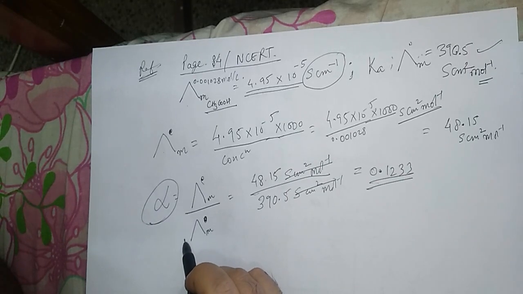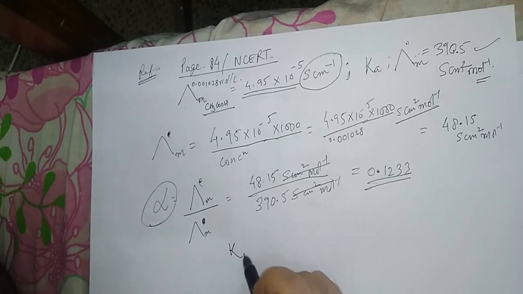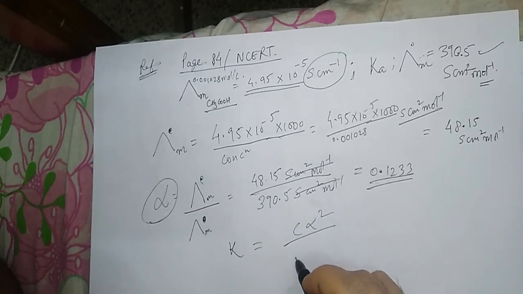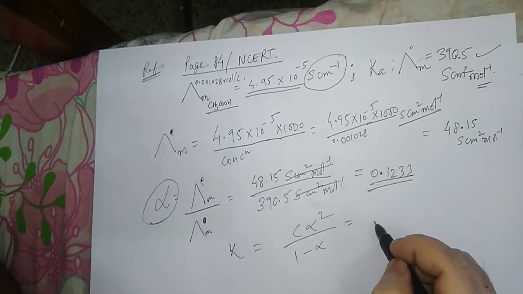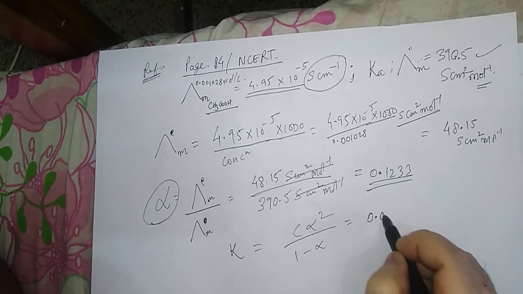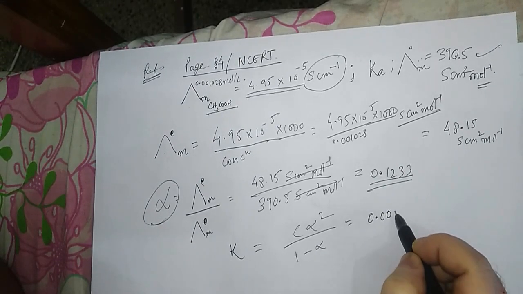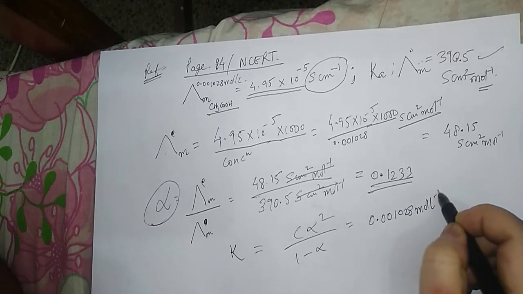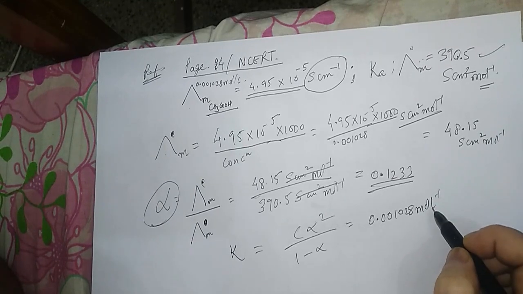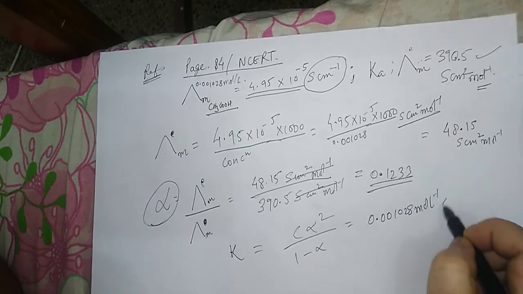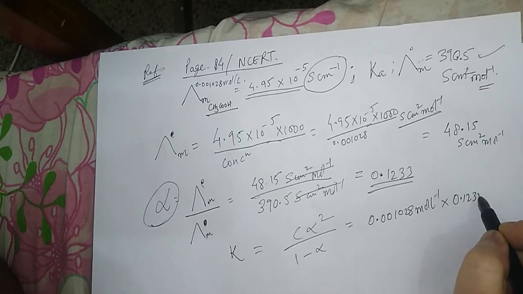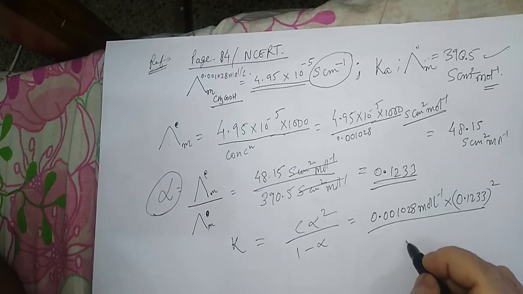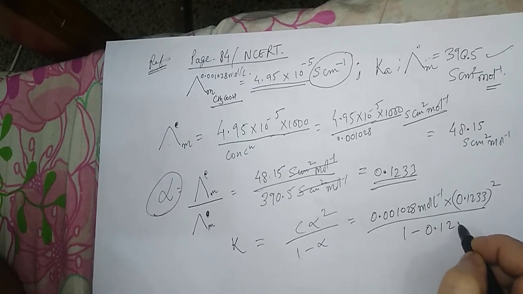The value of K, as we had seen earlier, was C alpha square by 1 minus alpha. So this will become the value of C, 0.001028 mole per liter, times the square of this value, divided by 1 minus 0.1233.